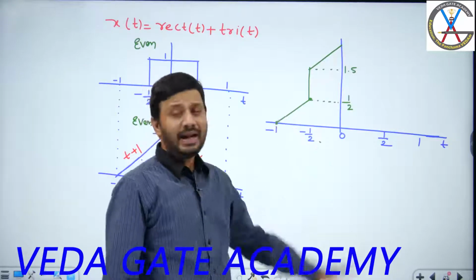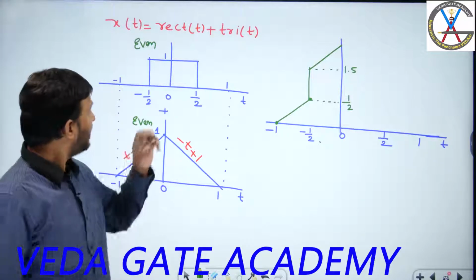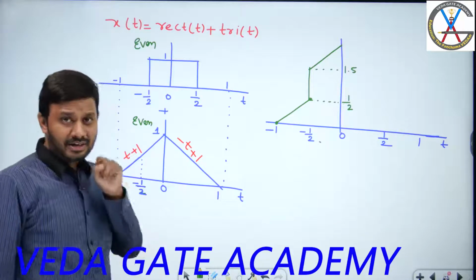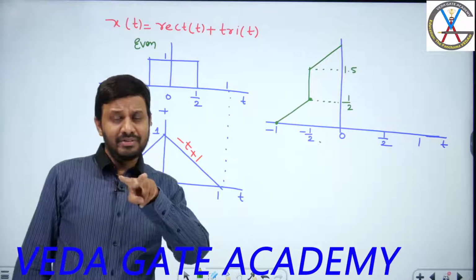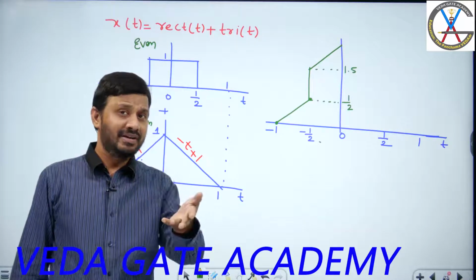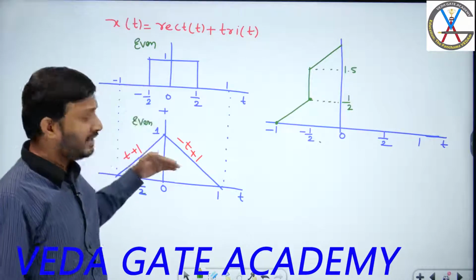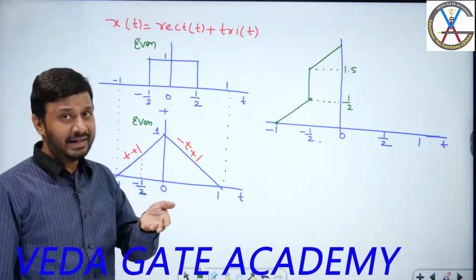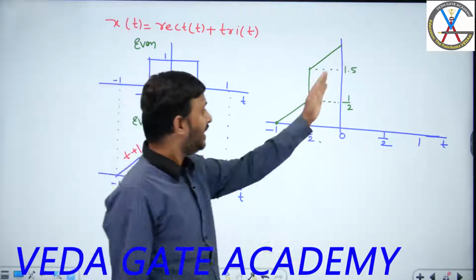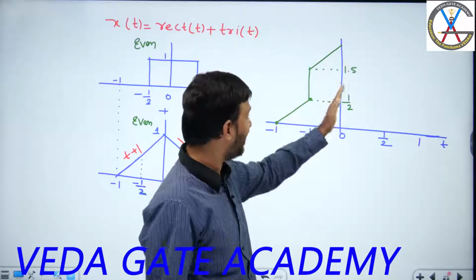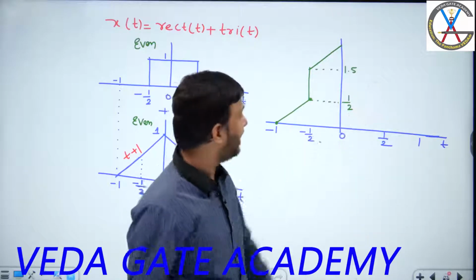And remember, my dear students, this is an even signal, this is an even signal. Always, if you add two even signals, the resulting signal will again be an even signal. Even signal means what? If I know for t less than 0, I can construct for t greater than 0 also.